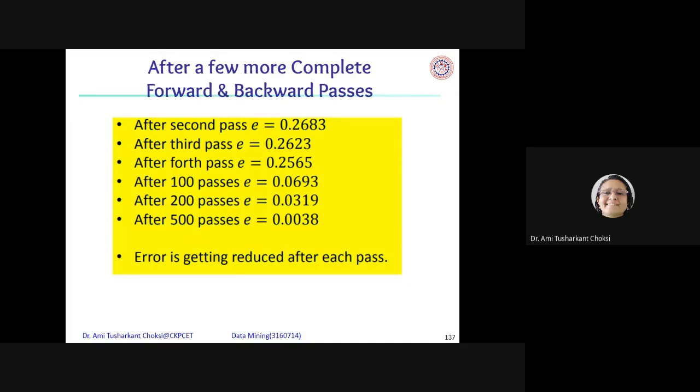Suppose I want the error to be not more than 0.001, right? So I need to consider more passes. If I have decided only 500 passes, then after this, it will stop, right? So whether the number of passes is what is important, this many times if we run, then fine.